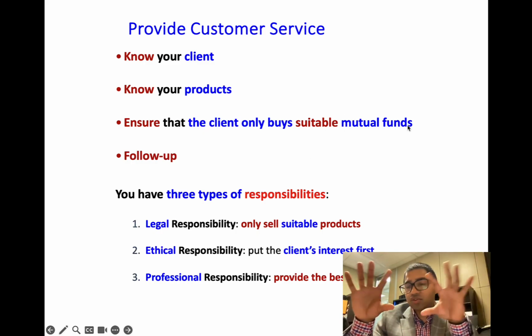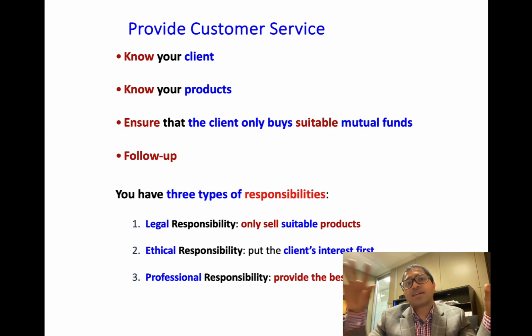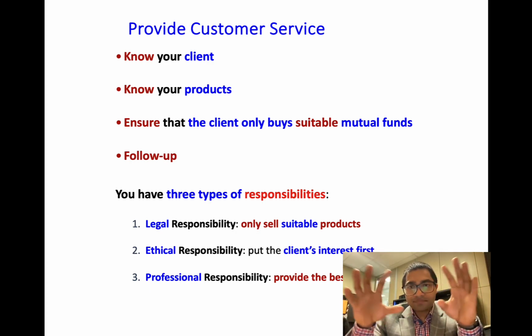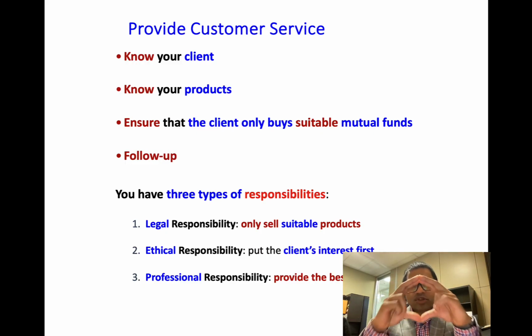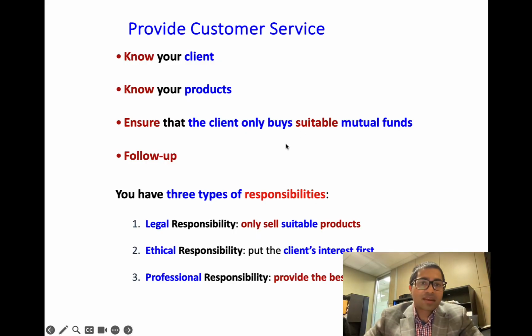So again, two circles: know your client, know your products, and the intersection is the suitability rule. The products need to be suitable for a mutual fund client, and you need to keep on engaging with the client, because client circumstances can change.